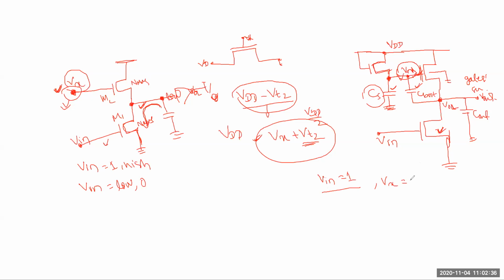VDD minus suppose this is M1, this is M2, this is M3. VDD minus VT3.